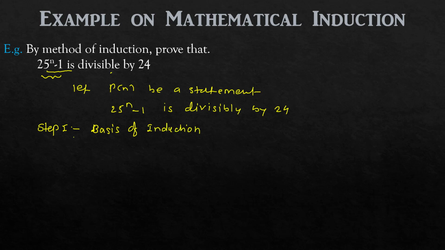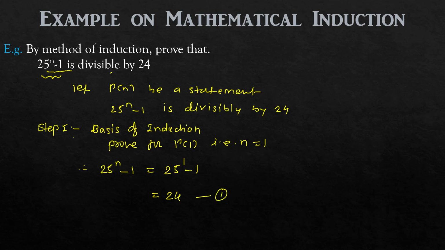So here we have to prove for P of 1, that is n is equal to 1. So therefore 25 raised to n minus 1, put the value n is equal to 1, so we get 25 raised to 1 as 25 minus 1 we get 24, equation number first.